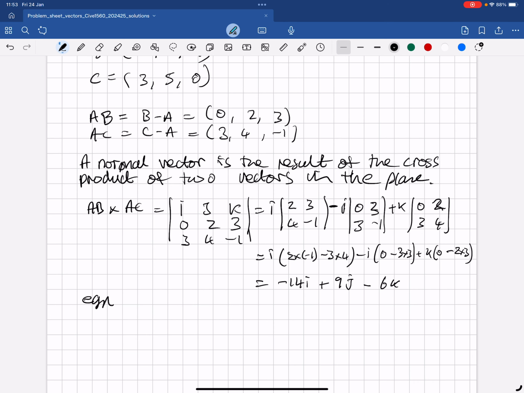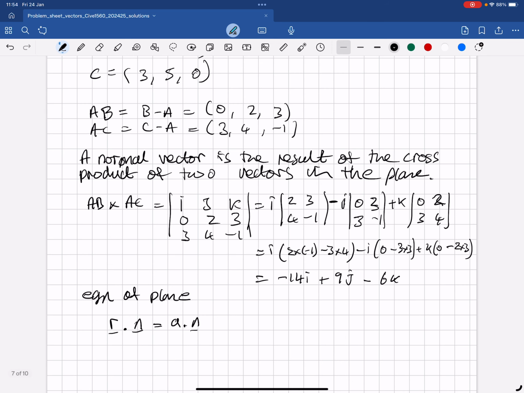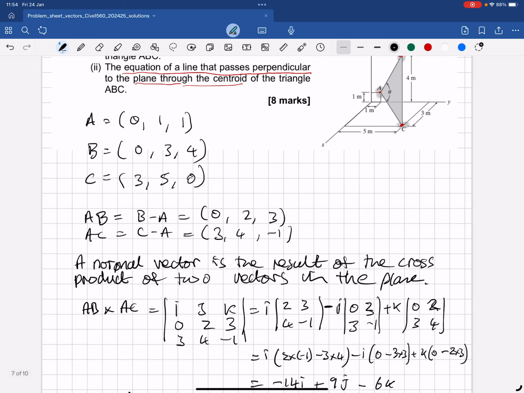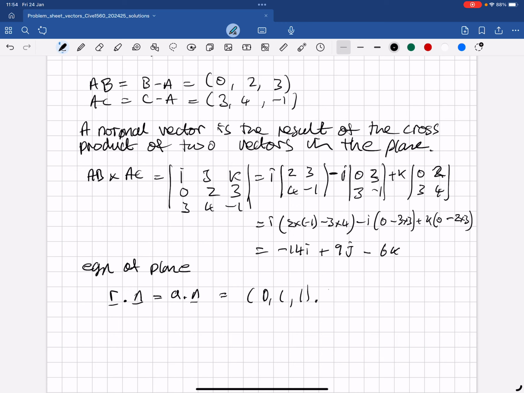The equation of a plane is of the form r dot the normal to the plane is equal to a dot n, which is a point in the plane dotted with the normal vector. So we can do that, a dot n. Any point, let's choose point A, we could choose any, dotted with the normal, which is minus 14, 9, minus 6. We do that dot product, and that gives us 3.